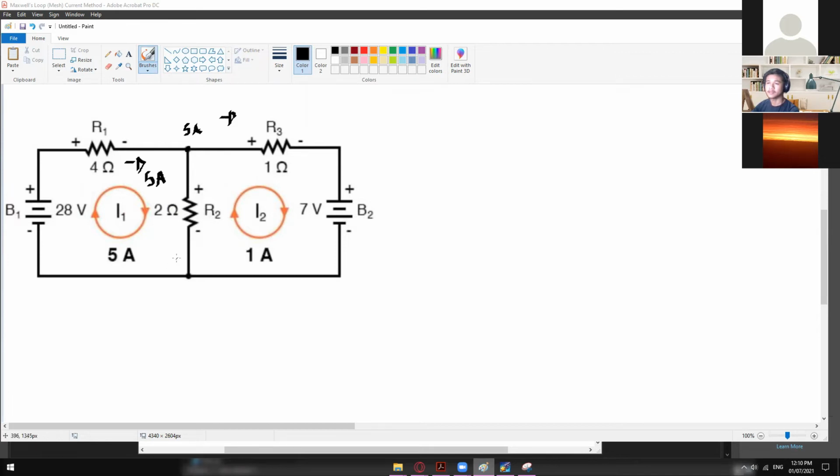So some will go right here, and then some will go right here. We already know that the current that is flowing right here is 1 amp. Let's just say that this is your I2, this part right here is your I3, and this one is your I1.